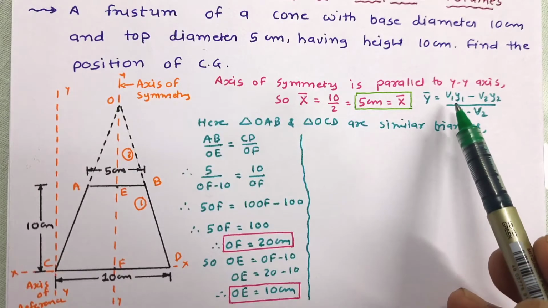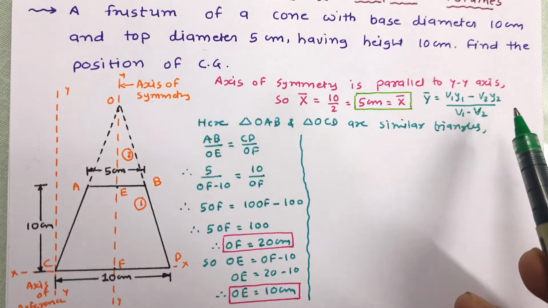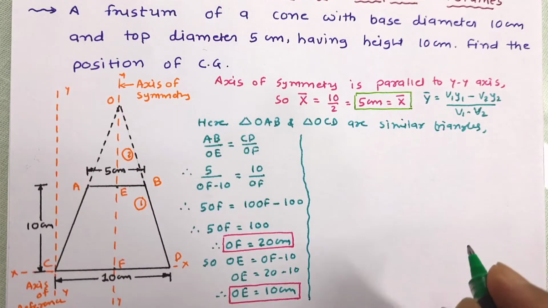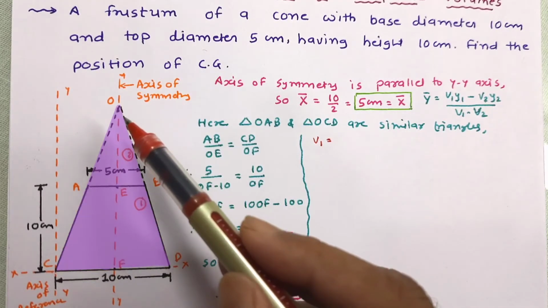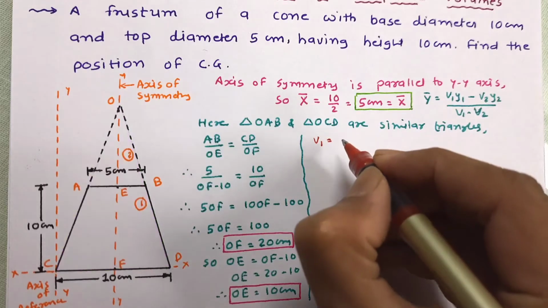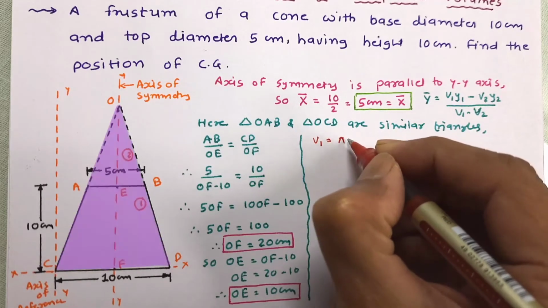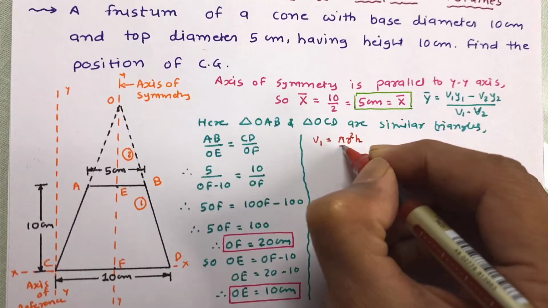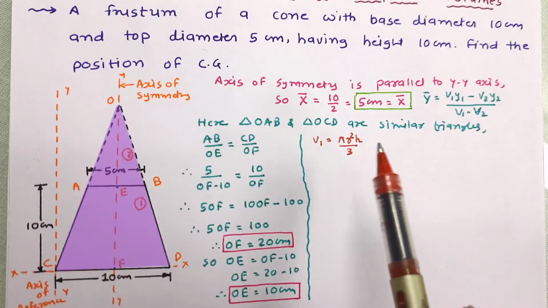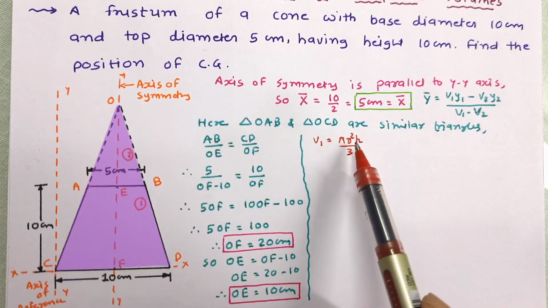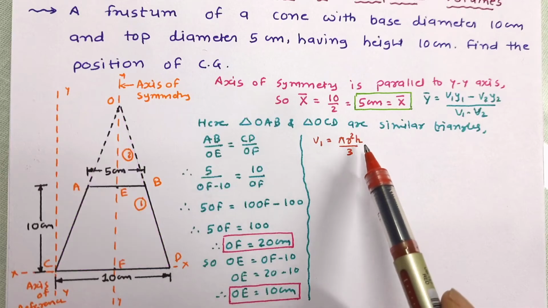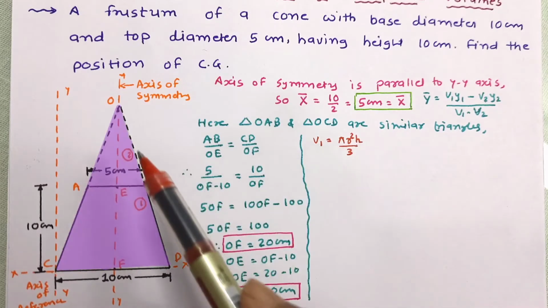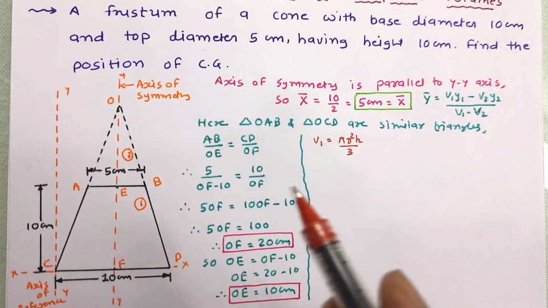Now let us work out V1, V2, Y1, Y2. We'll start with V1, the volume of the complete cone. The equation of the volume of a cone is known to us: pi r square h by 3. Now let us put all the values in this equation and work out V1. Here the radius of the complete cone is 5 cm and the height of the complete cone is 10 plus 10, that is 20 cm.